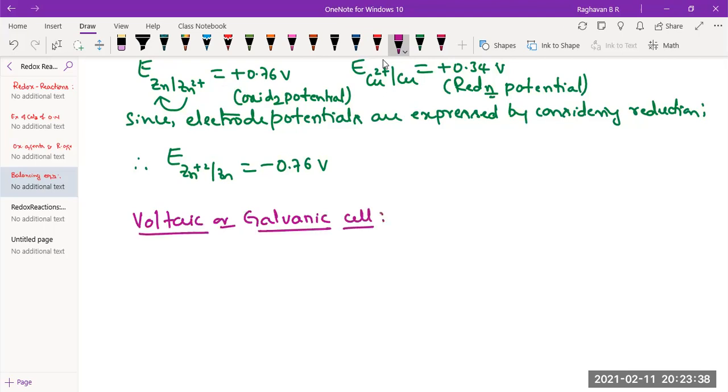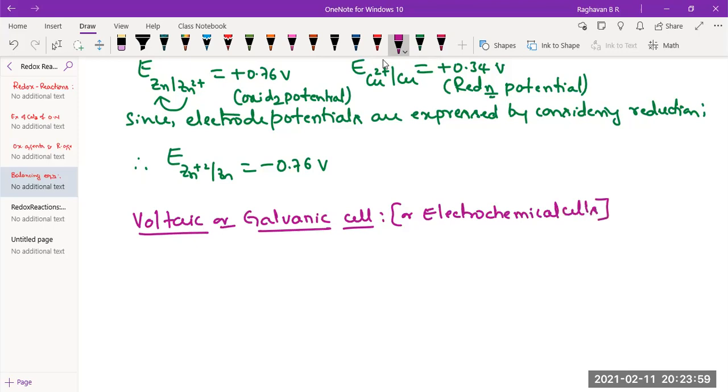What are these voltaic or galvanic cells? They are also called electrochemical cells.